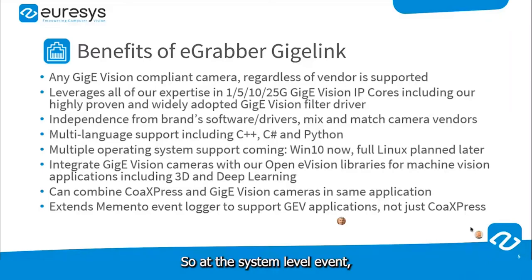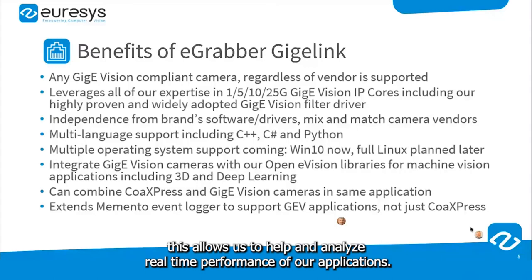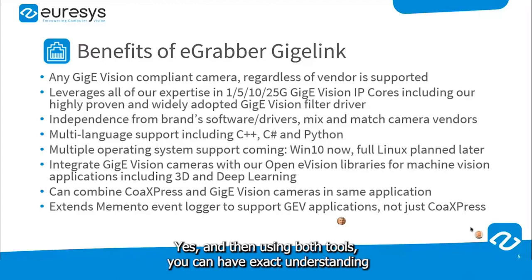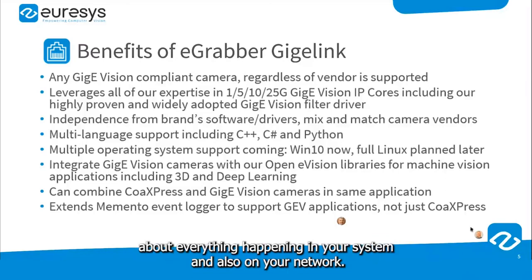So at the system level, this helps us analyze real-time performance of our applications. Yes. And using both tools, you can have an exact understanding of everything happening in your system and also on your network.